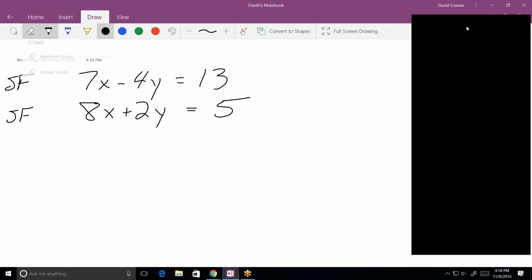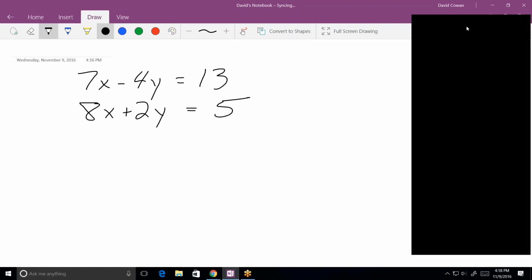You basically know two methods, substitution and elimination. The key with elimination is you want to be able to eliminate a variable. Now, you always can add or subtract any equations.